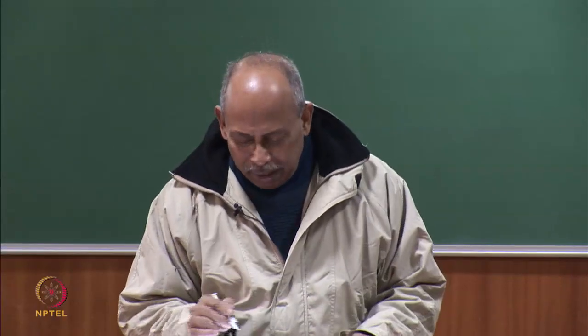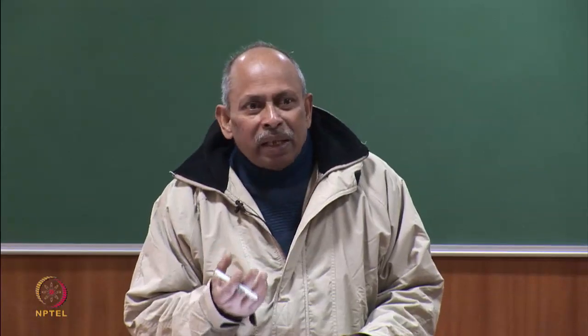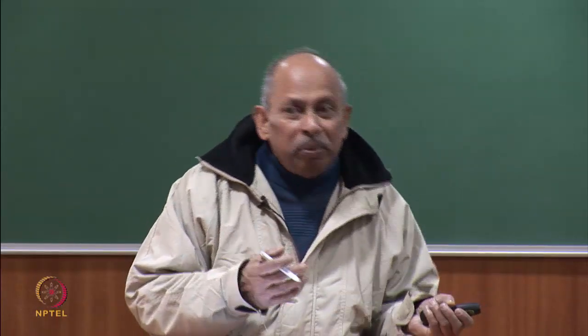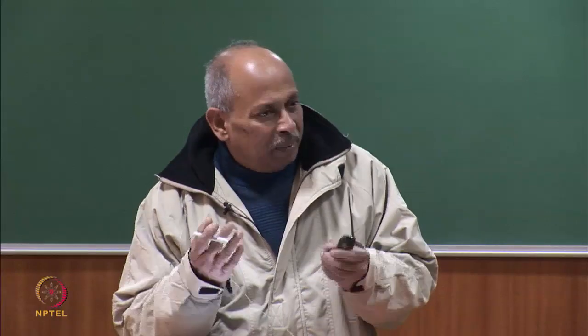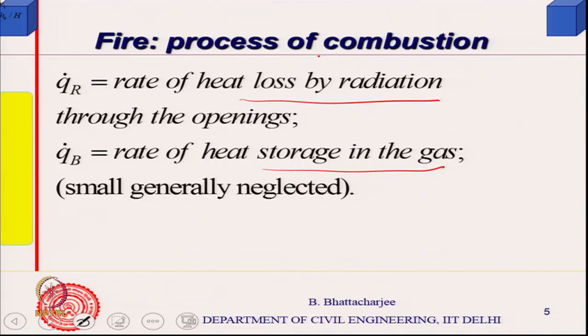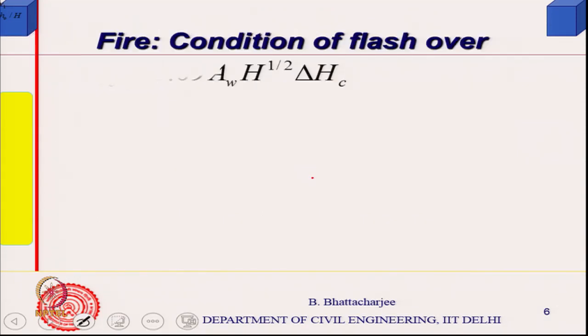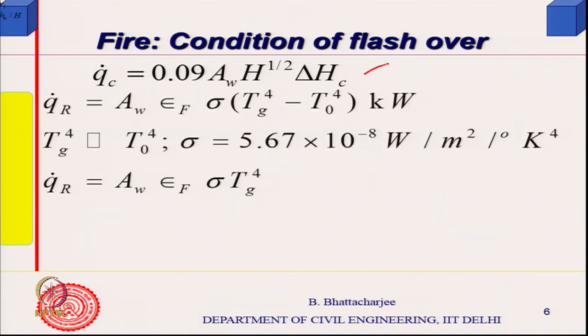I will quickly give you some idea, and this is also related to the inside gas temperature from previous time to next time, right. So, one can express this in terms of finite element or finite differences, because there was a differential equation involved. Let us see how it is. Now, somebody might neglect this or whatever it is. So, QC is this we have already seen, multiplied by delta HC.